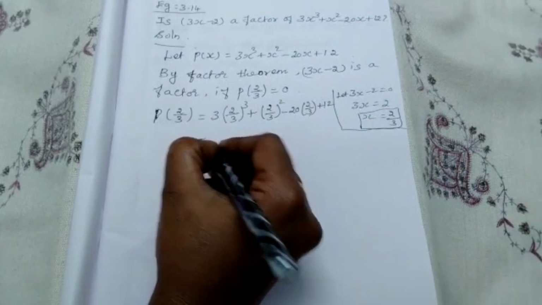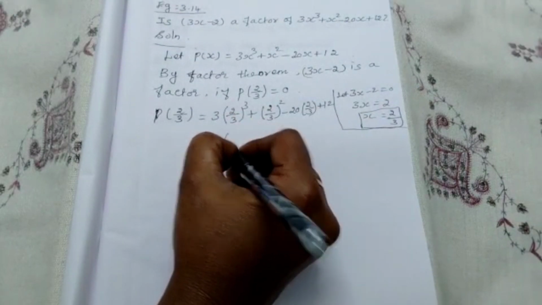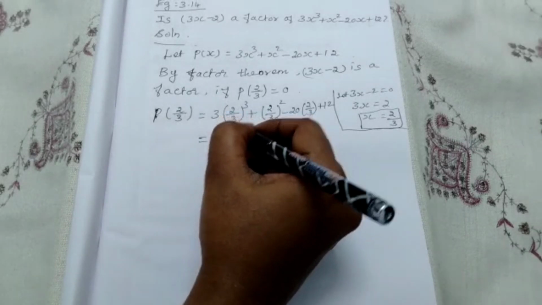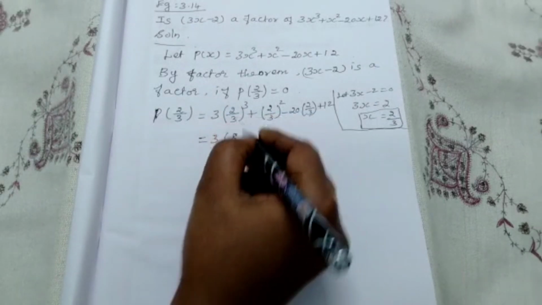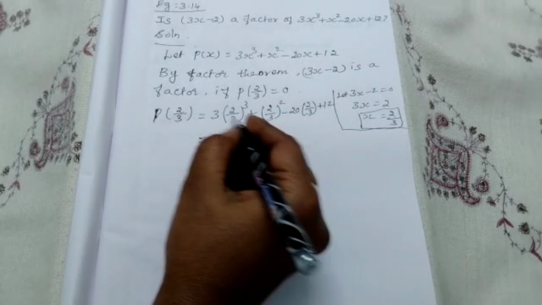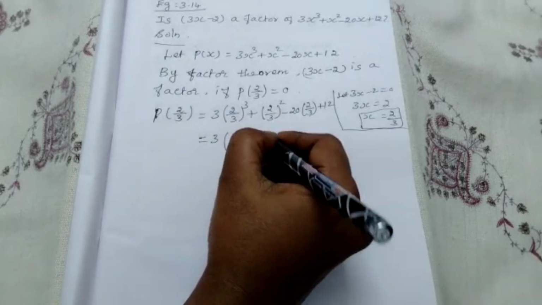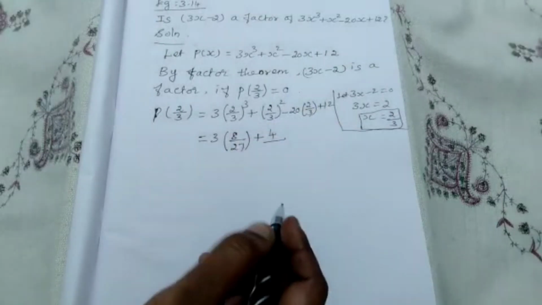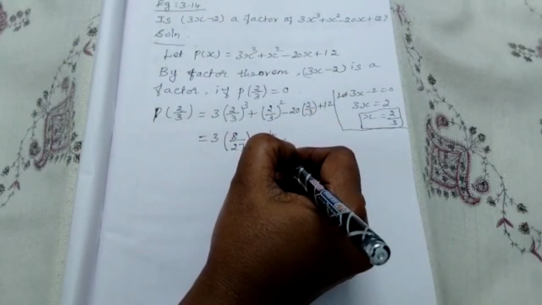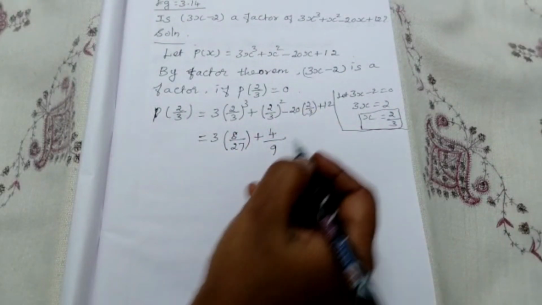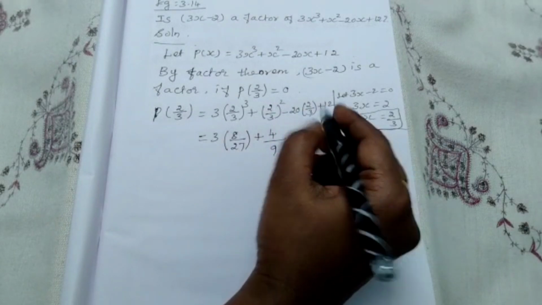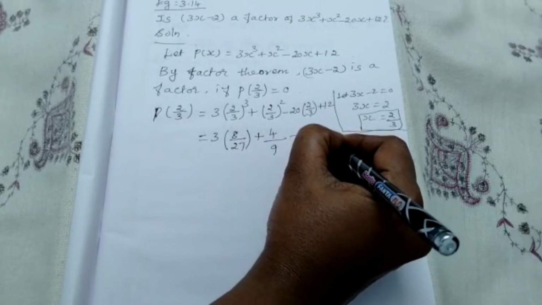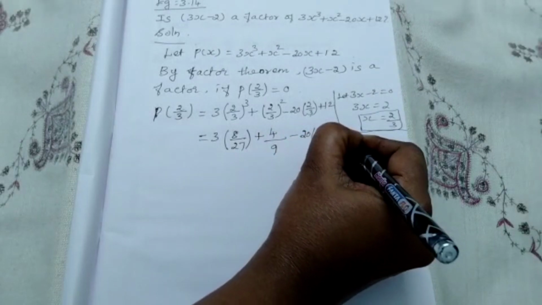Here 2 to the power 3 is 2 into 2 into 2, that means 8. 3 cube is 27, plus 2 square means 4 divided by 3 square which is 9, then minus 20 into 2 by 3, then plus 12.